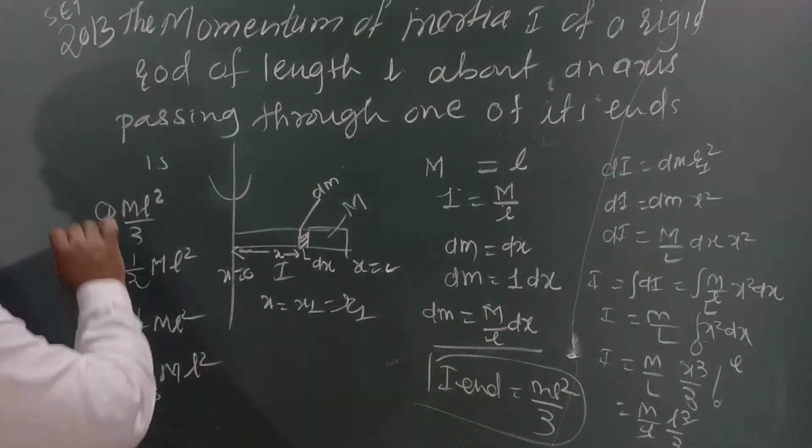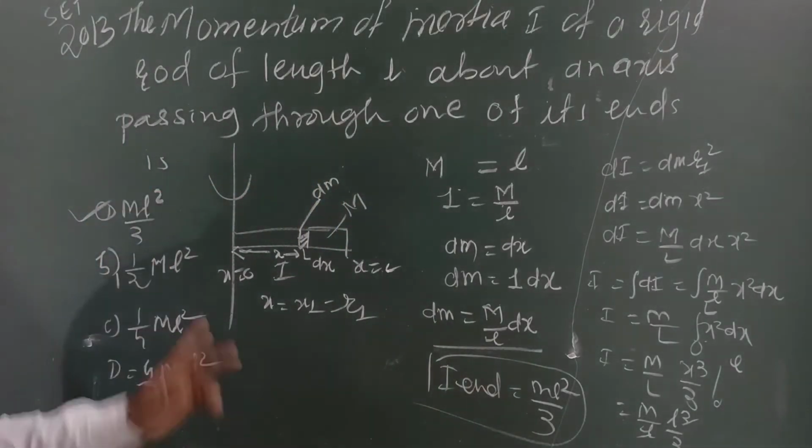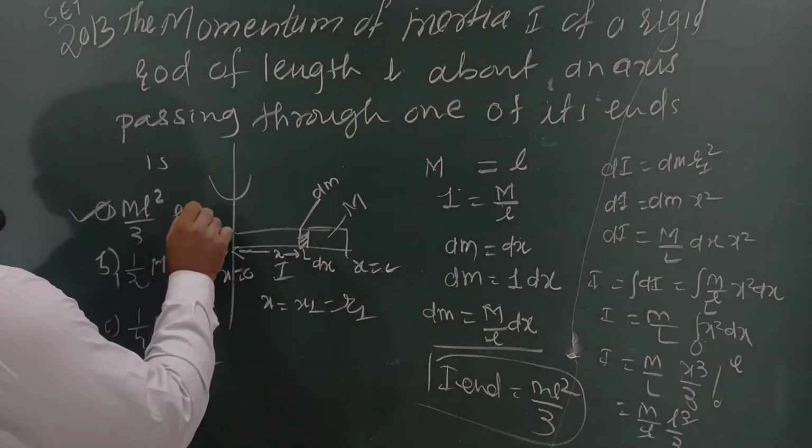Which option is correct? ML square upon 3 is the correct one. This is at one end.